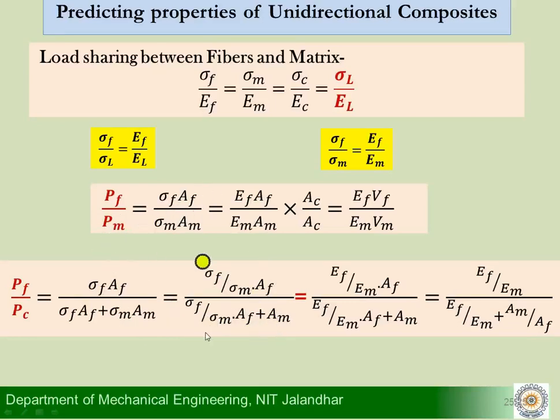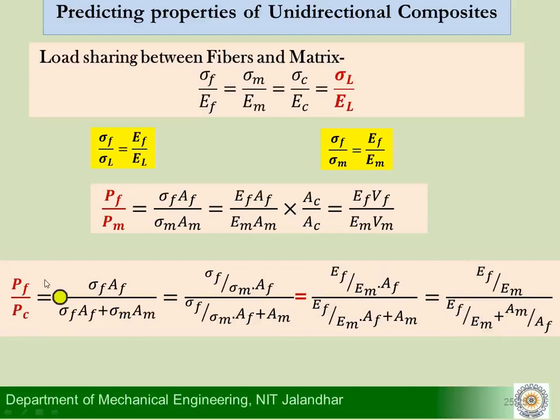And then what I know is that sigma F by sigma M is EF by EM. So EF by EM is substituted here, and similarly here. And then I get this expression as EF upon EM upon EF upon EM plus AM by AF.